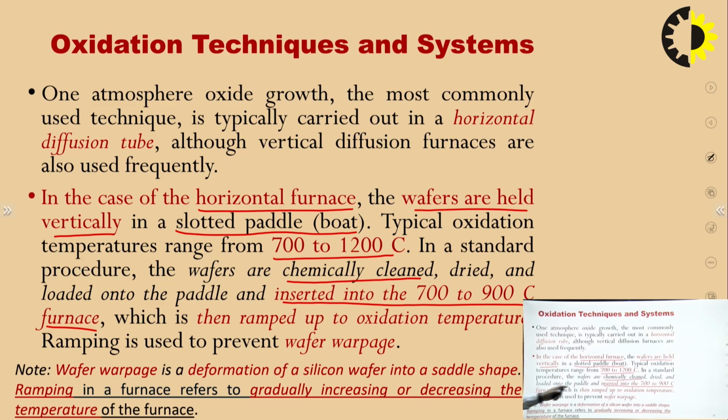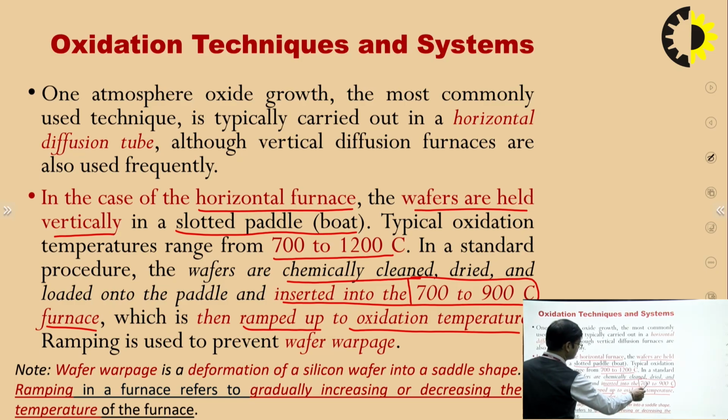Now, the reason we mention that the temperature of the furnace is initially in this range is that the temperature is then slowly ramped up to the oxidation temperature. Say if the oxidation takes place at around 1100 or 1200 degrees centigrade, then the temperature is increased slowly.